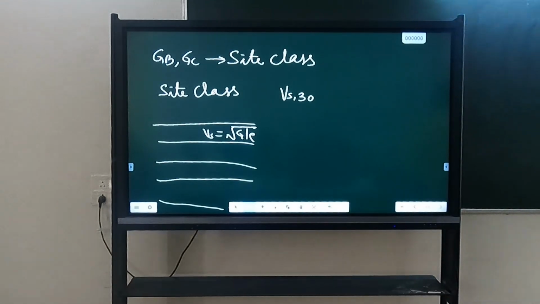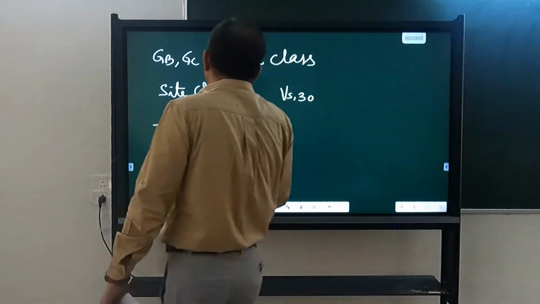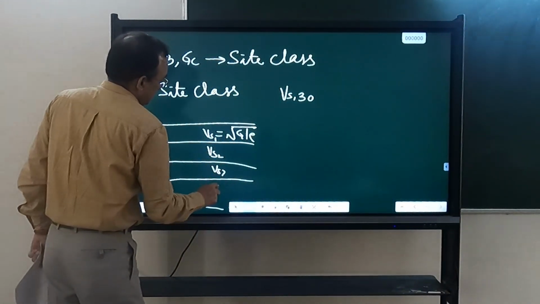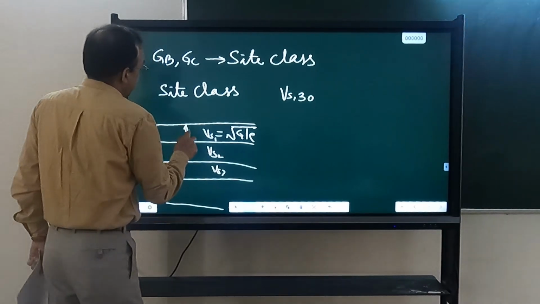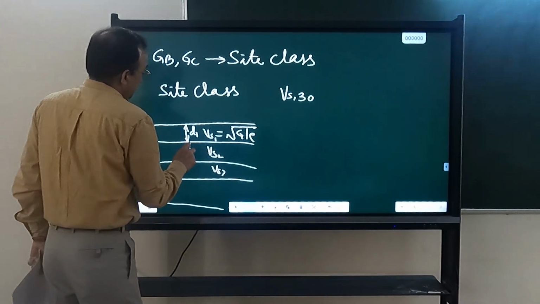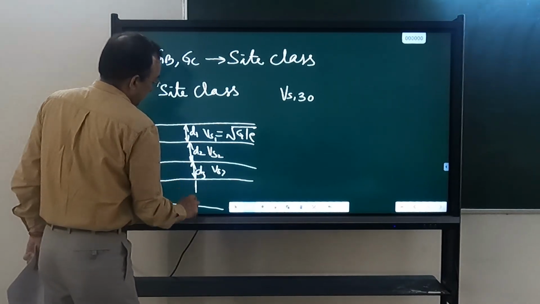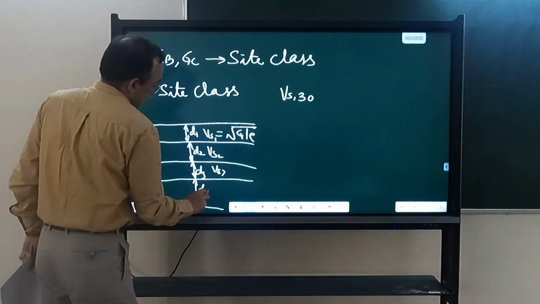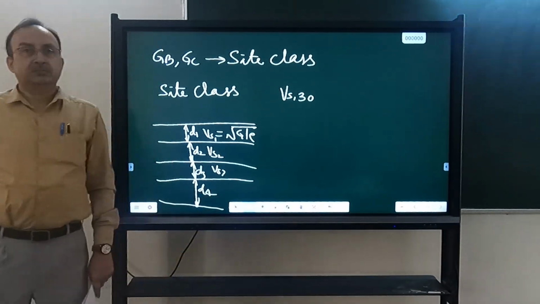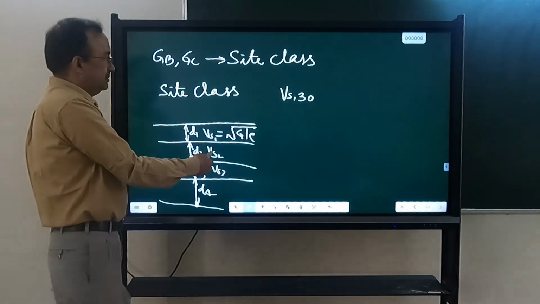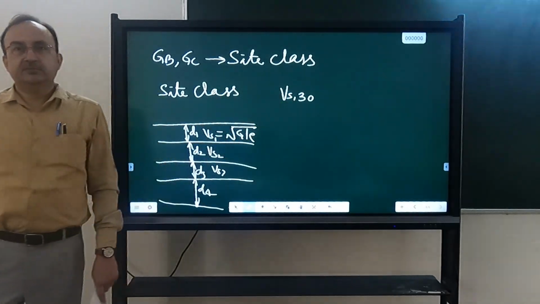So this is square root of G by rho, and it will be different for different layers. Let us say this is D1, this is D2, this is D3, and so on. So you take the weighted average of that, which will give you VS30.